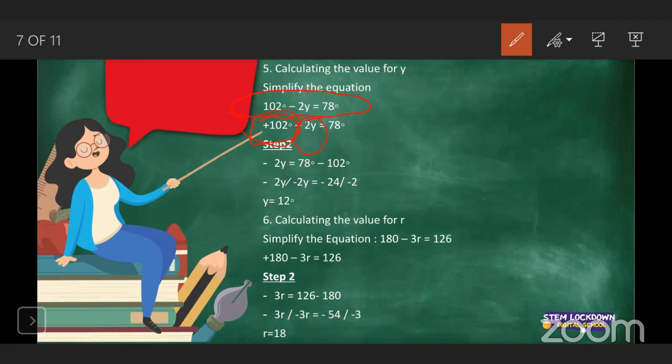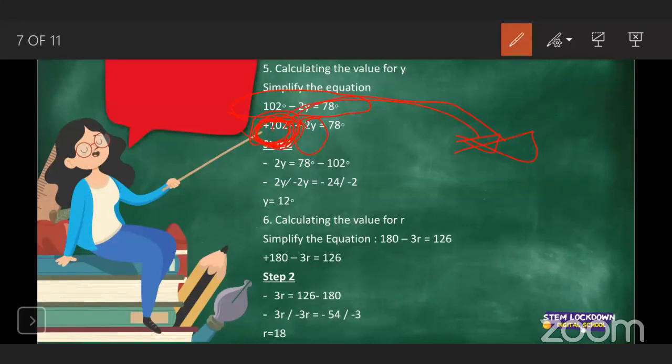Ne? Where do we get our 102? 102 comes from here. You can see here we have our 102, and when we move it to the other side, it becomes subtraction because here it is positive. So when we move it to the side, it becomes negative, which is subtraction. So we'll have 78 degrees minus 102 degrees, which gives us negative 24.